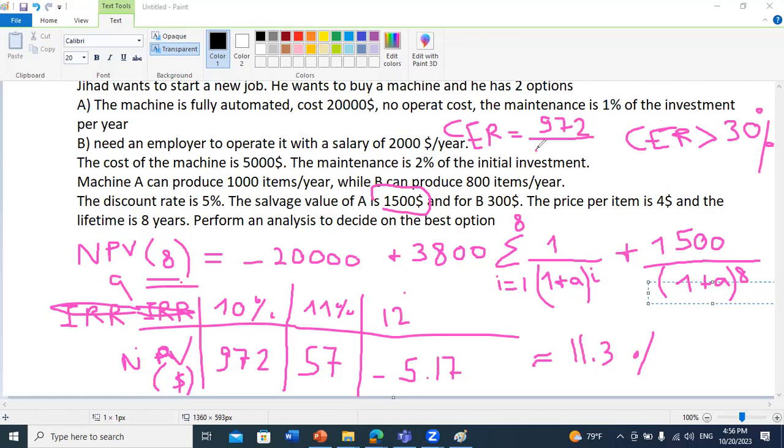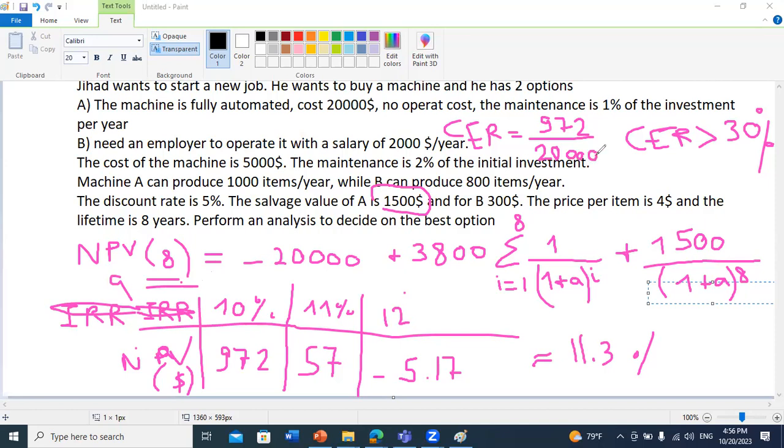So it's less than 5%, which is low. So we need to reduce much more A. And you can try, for example, A 5% and check for the CER. So this value is not very encouraging for machine A.